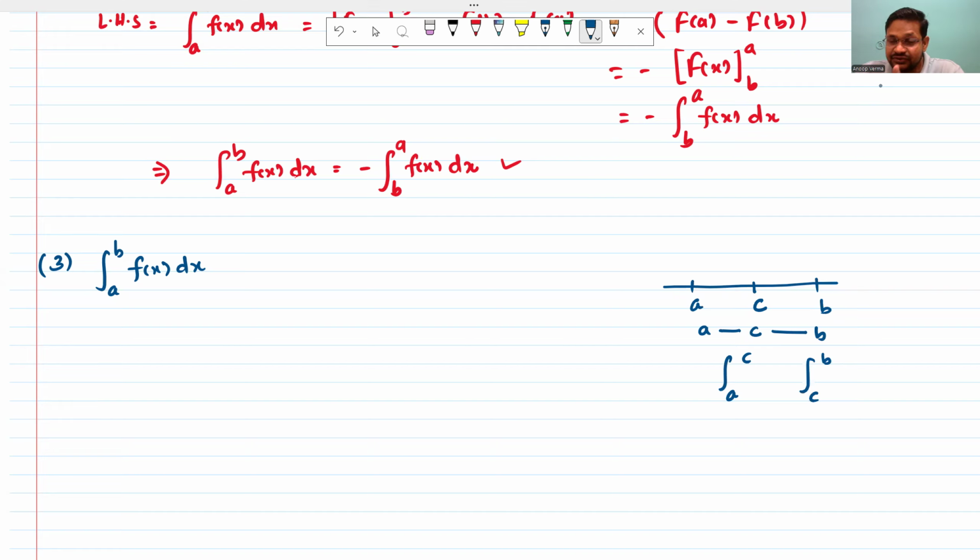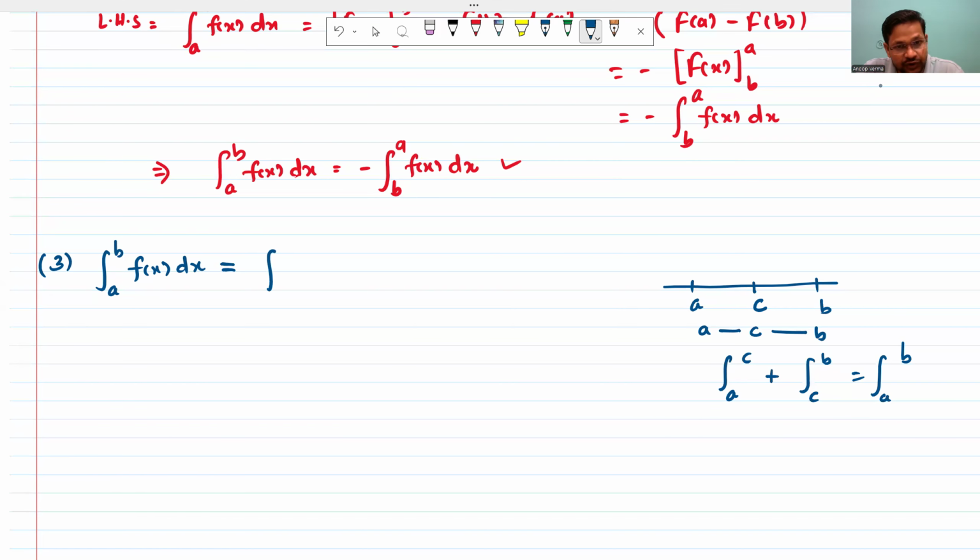You can easily calculate the intervals a to c and c to b, and add them up, and you will get the integration from a to b. The whole integration will sum up. So if there is some point between the interval a comma b, we can break this interval and break this integration as well.